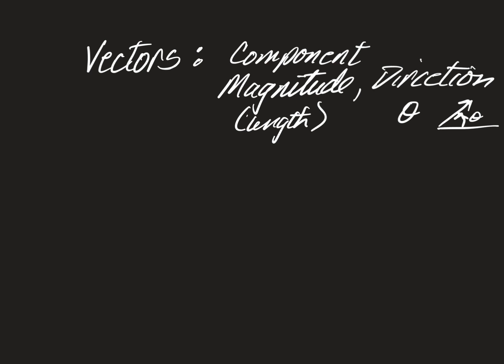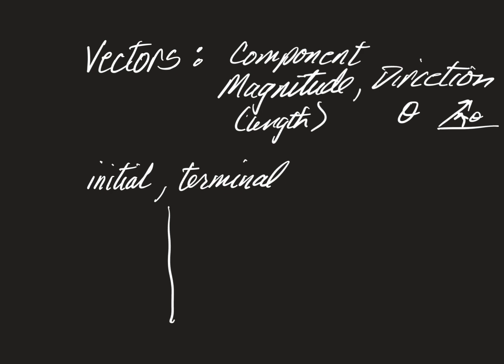So if you have the initial and the terminal points of a vector, then you can find the magnitude. And this will look very familiar. We've been doing this kind of thing all year long.